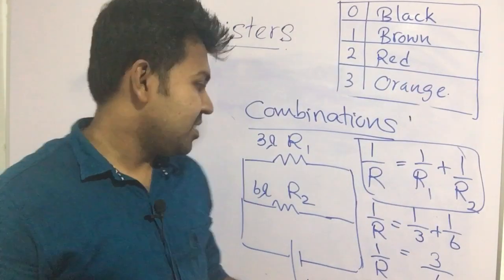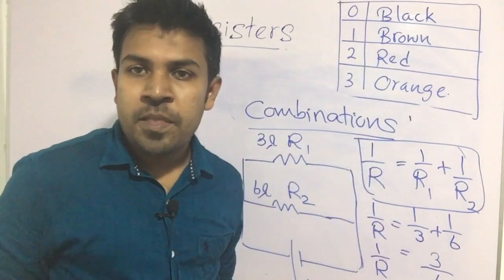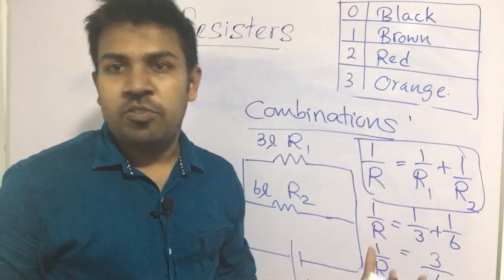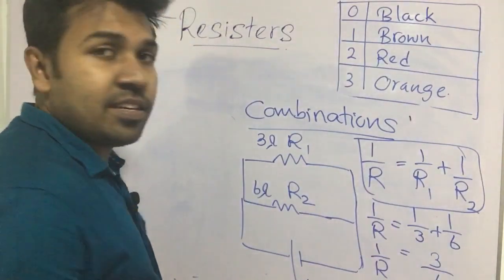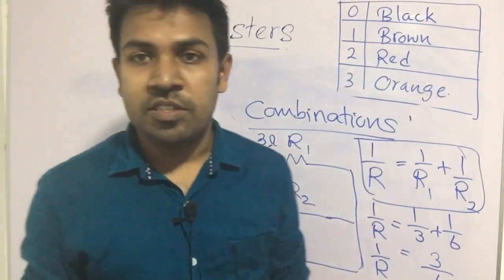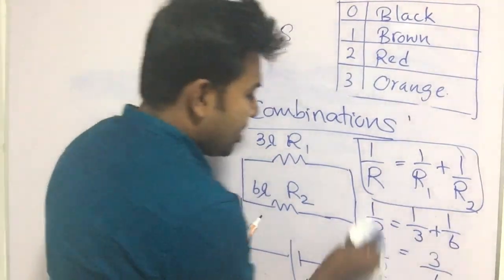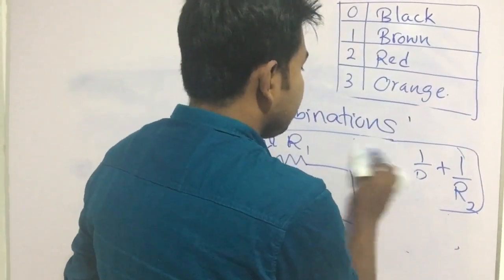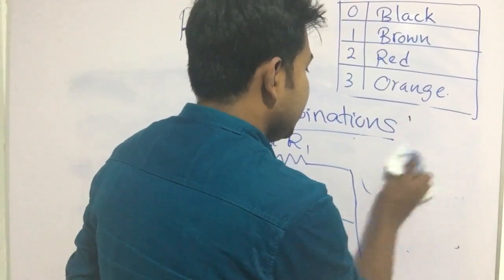For the parallel connections, I will give you a quick method, but that's only for MCQs. Please only use these methods for the structured essay type and also the essay type questions. But if you get an MCQ question, you can use this quick method. We will see what we can follow for this.